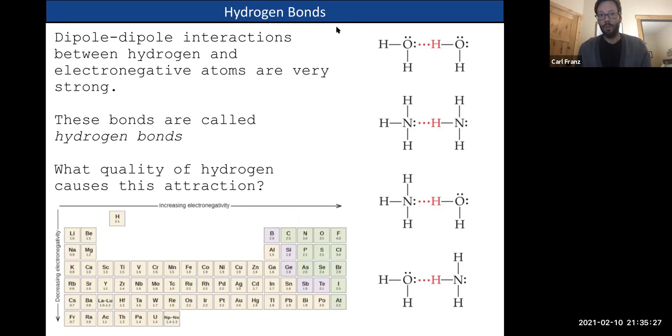Okay, because remember, as you go up the periodic table and left to right, you increase electronegativity. So these guys here are going to be the really highly electronegative atoms and are going to really want to hog that single electron in the hydrogen of another molecule. Okay.